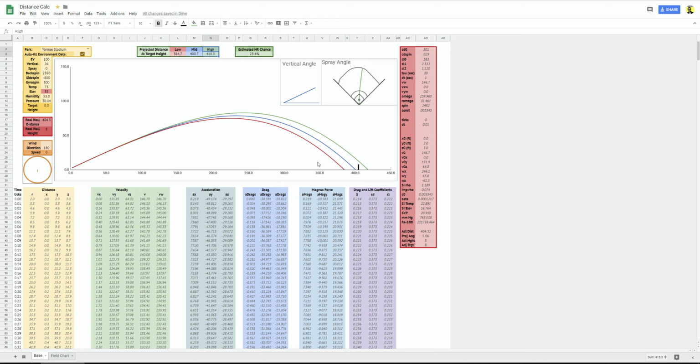So this will give you a respectable range. About 90% of balls hit on this trajectory with this info will land between the red and green line. Although that is about 90%, keep that in mind.